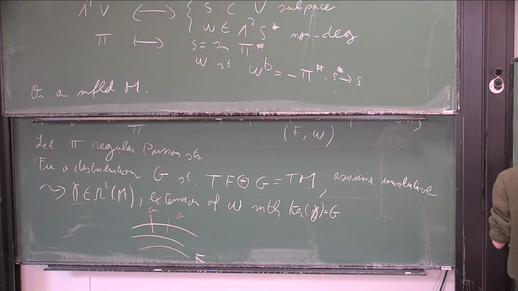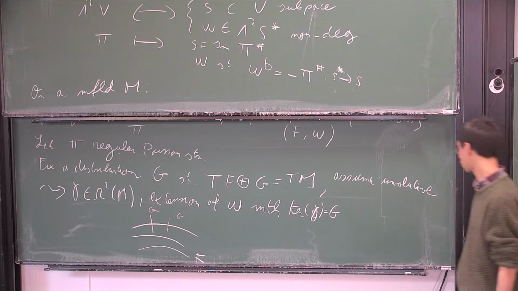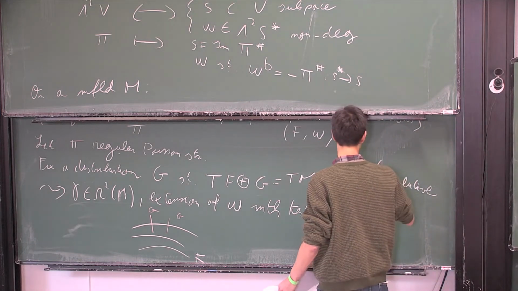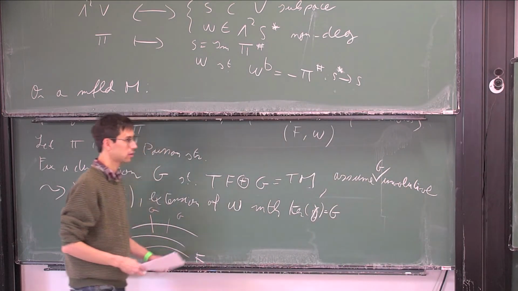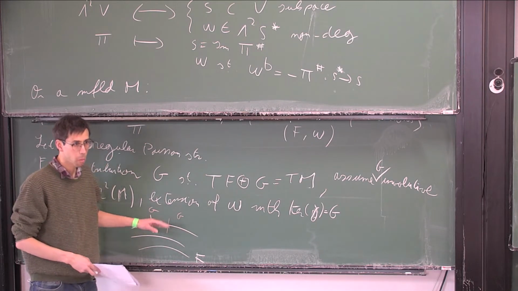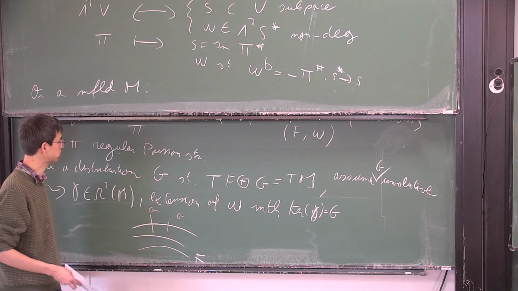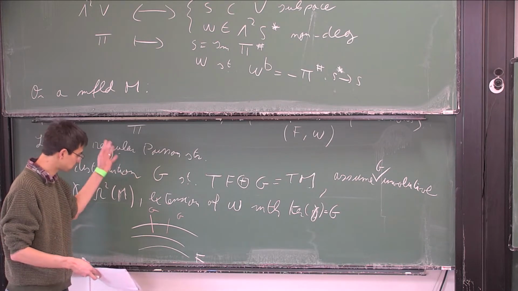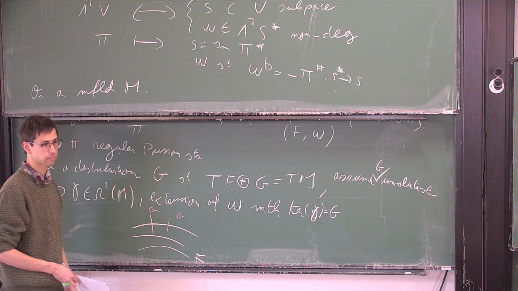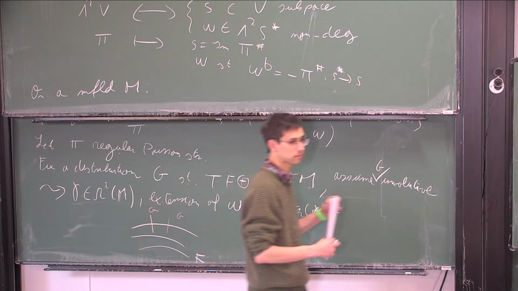So now let's deal with this. Sorry? What is assumed about G? It is important. I have a foliation, and essentially I assume that I have another foliation which is transverse to it. That's the assumption.